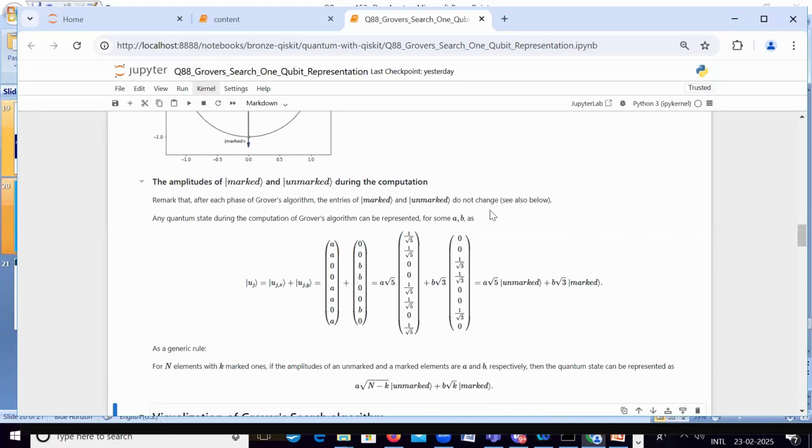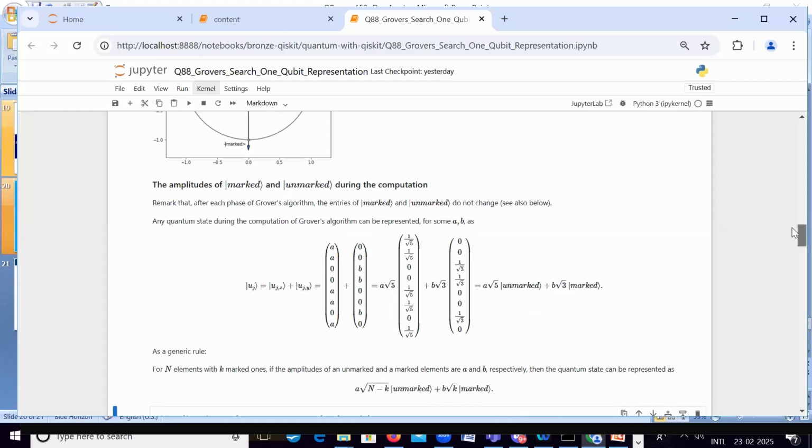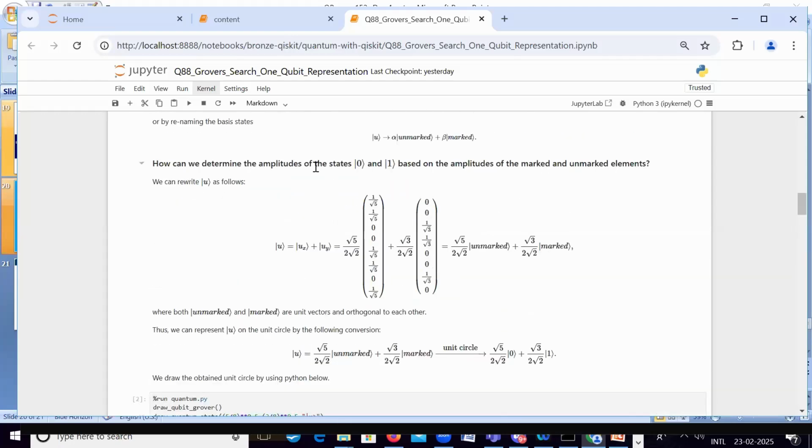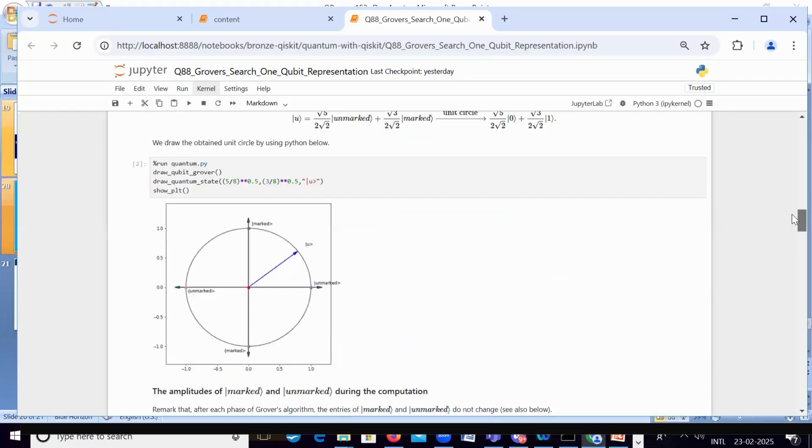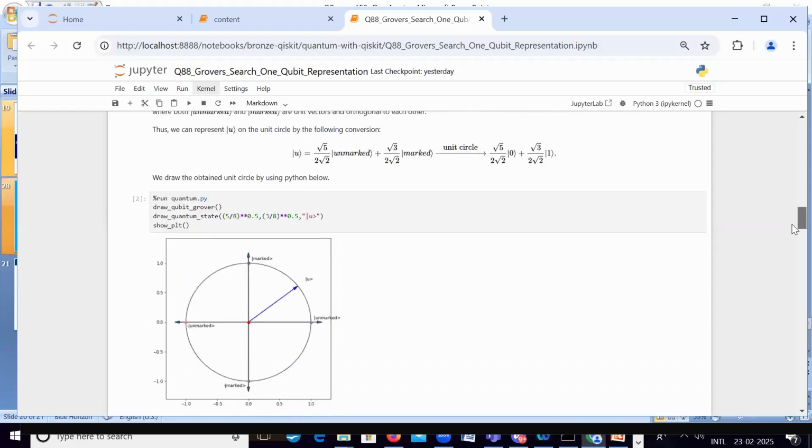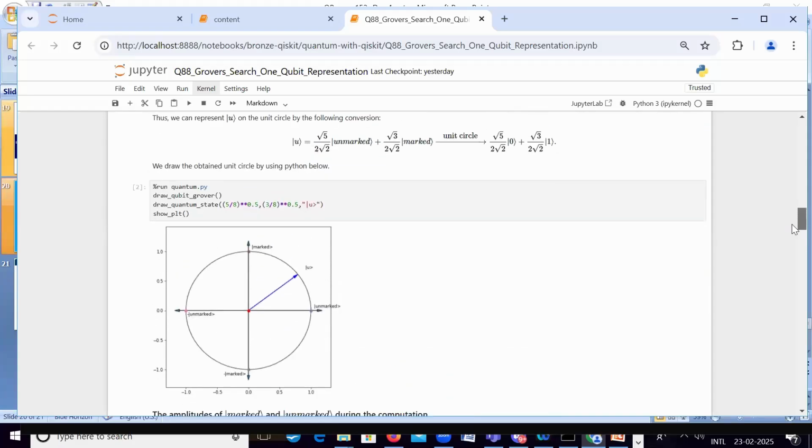Now next is to find the amplitude of the marked and unmarked during the computations. The goal is to find the amplitude of ket 0 and the amplitude of ket 1. In the very first one, we represent it by using orthogonality.